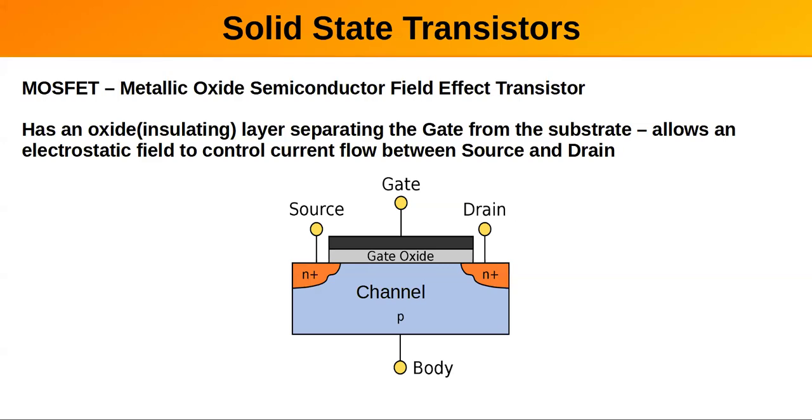So you're using the electric field to restrict flow through that channel or enhance flow, depending on whether it's a depletion or enhancement mode device, which we'll get to in another slide or so. You can have current flow from the drain to source or source to drain. And if you notice, it is symmetrical, so it really wouldn't care which way you hook it up. Not the case with a bipolar transistor.